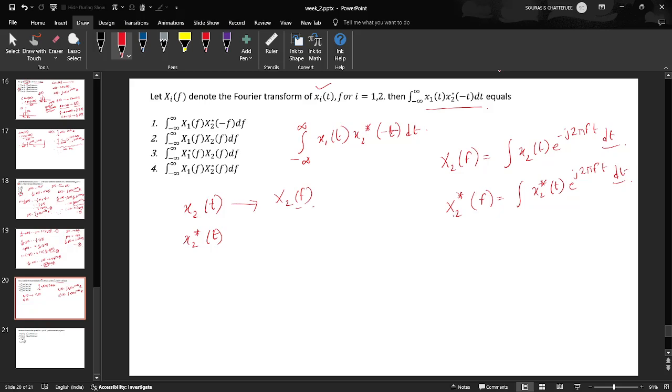Now I need to make a change of variable. We say f dash is equal to minus f. So X2 star of minus f dash is equal to the integral of x2 star(t) e to the power minus j 2 pi f dash t dt. So this right hand side is the Fourier transform of x2 star(t), and what is the expression we are obtaining?